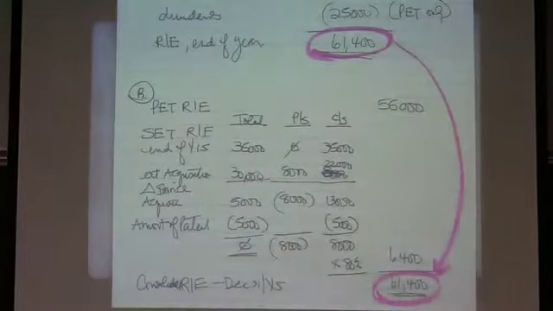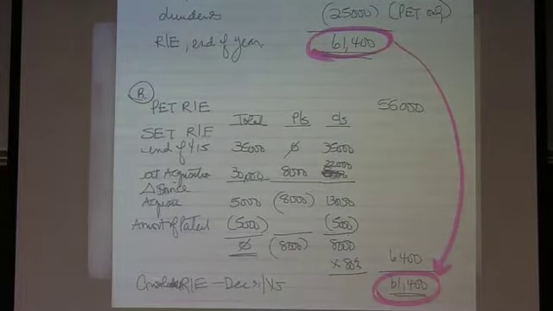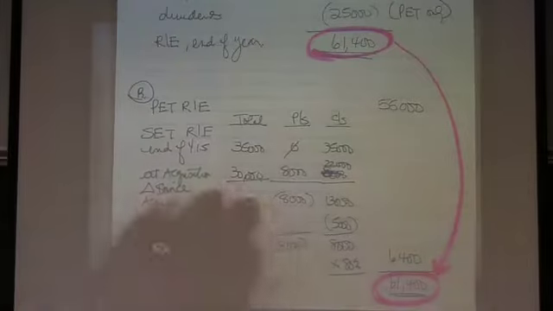Now, moving into part C, it's asking us to calculate the non-controlling interest for both balance sheet and income statement. Okay, non-controlling interest for both balance sheet and income statement. So let's do that quickly.